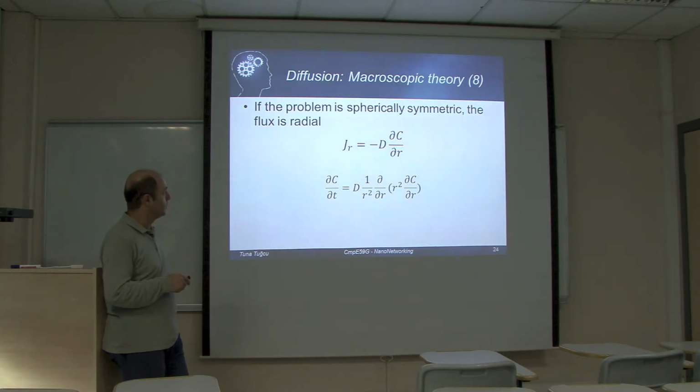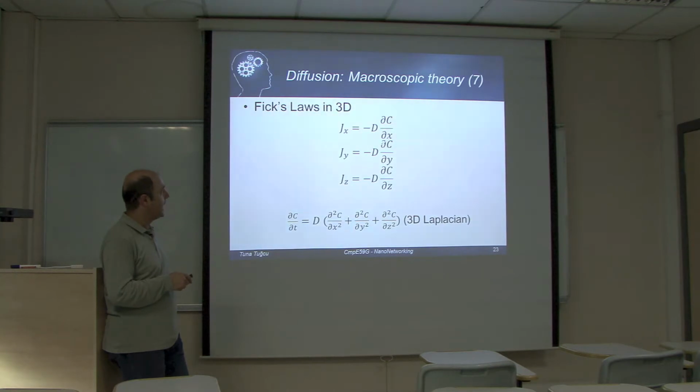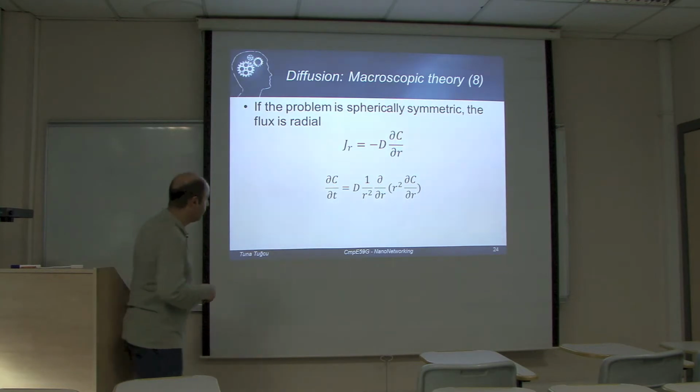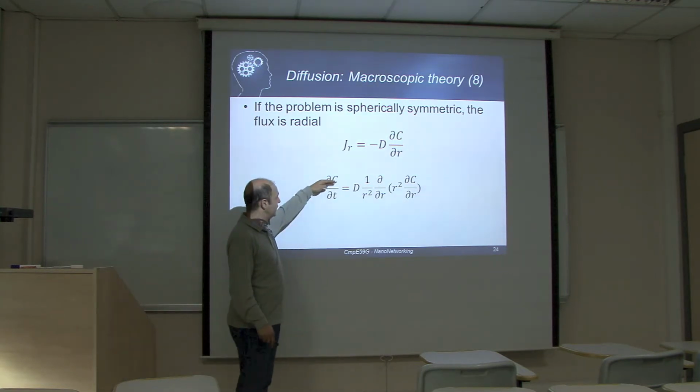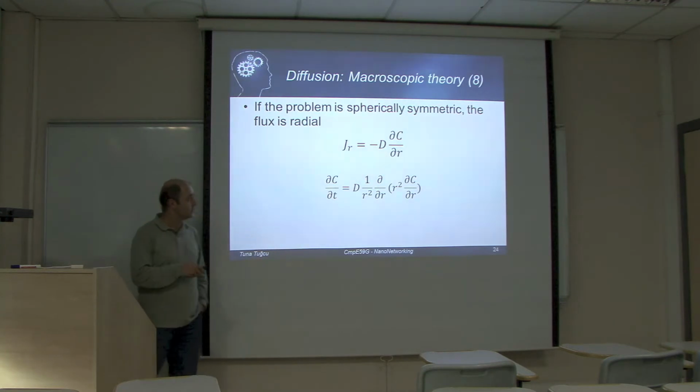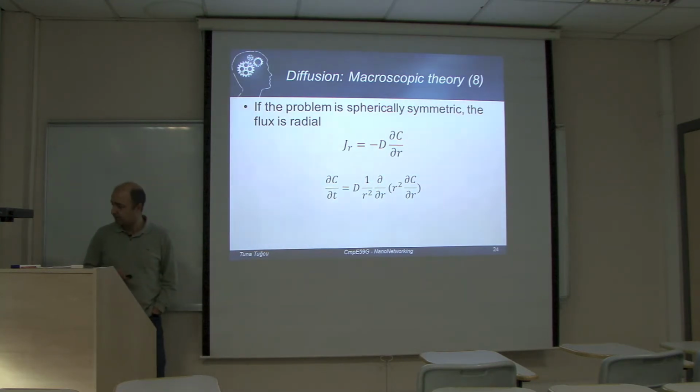So remember what we had for x, y, and z. If you write it in 3 dimensions, it would be like this. Instead, if you write it in a radial form, it would be minus D times del c del r. And therefore the change of concentration with respect to time would now be D times 1 over r squared del dr of this.